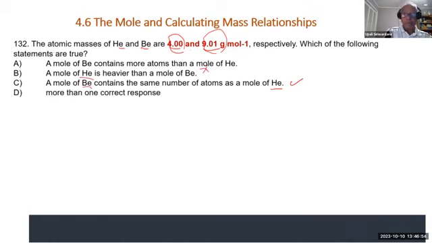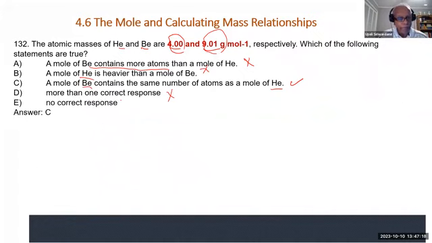That's not true. Helium is a lighter element, therefore it has less weight. Does beryllium contain more atoms? No, they contain the same number. There's not only 1 correct answer, so C is the correct answer. A mole contains the same number of helium atoms and beryllium atoms.